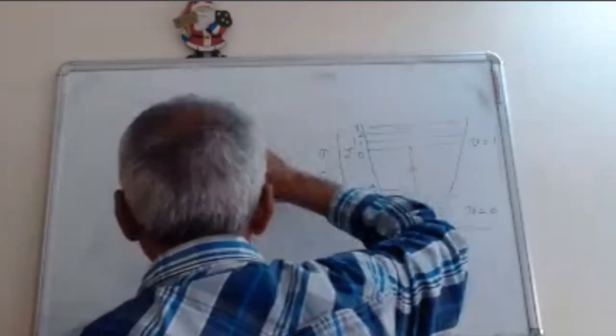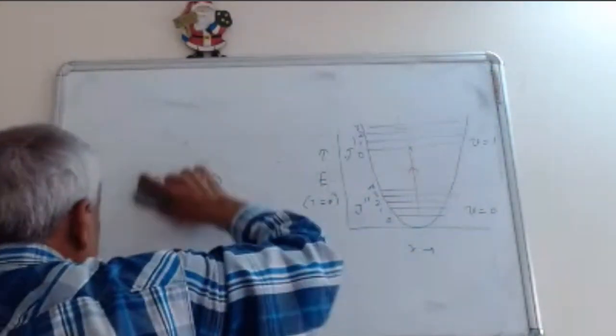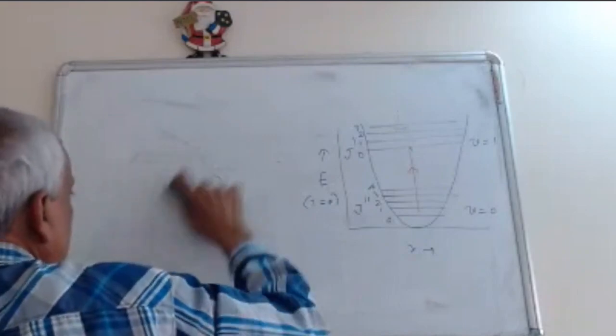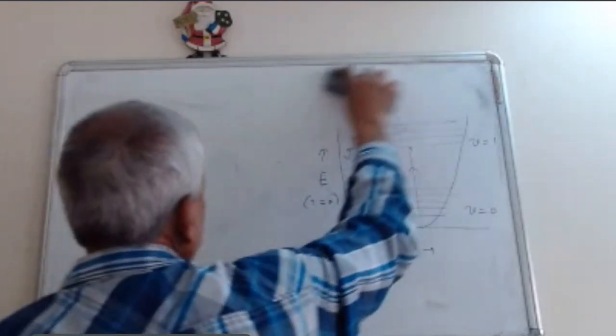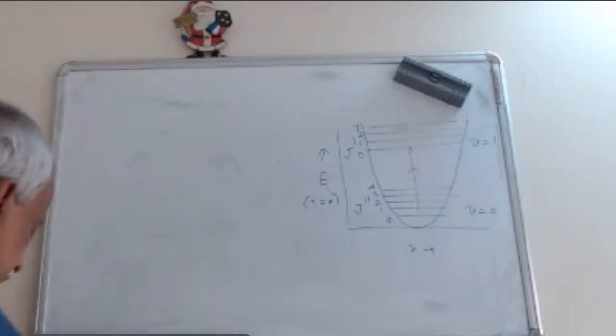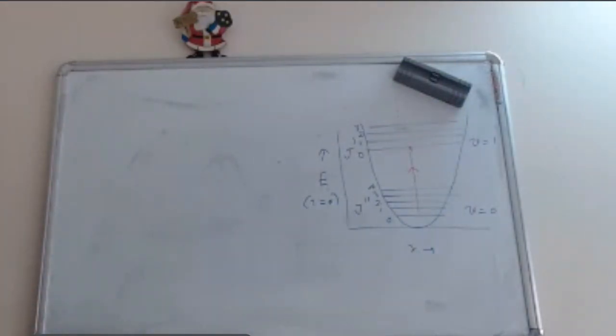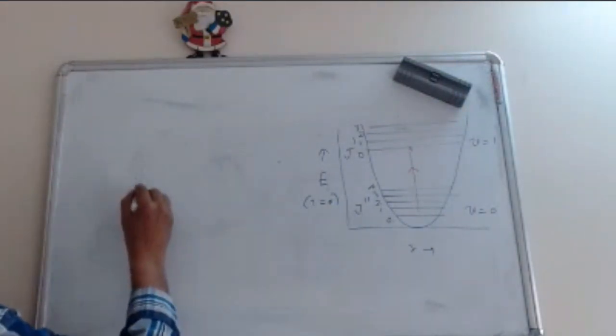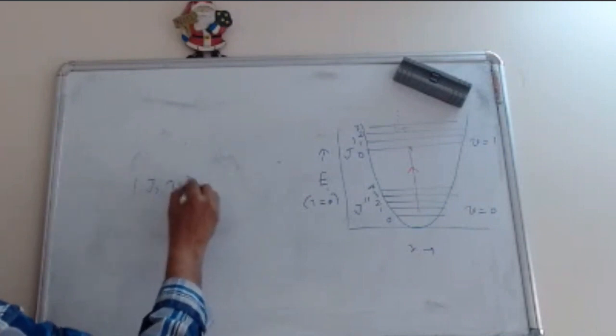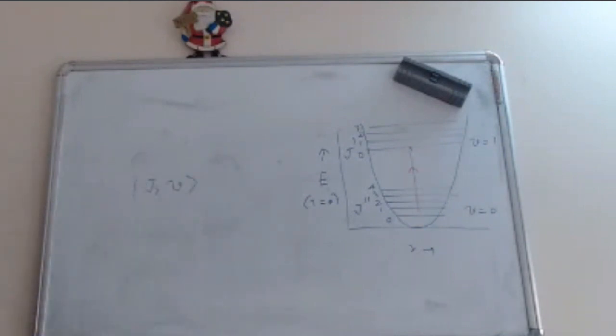So we consider only this state, let's say J V. That means a specific rotational state and a specific vibrational state.